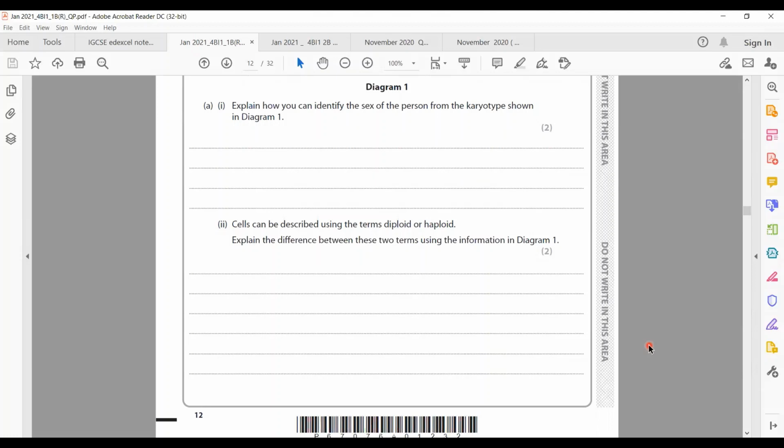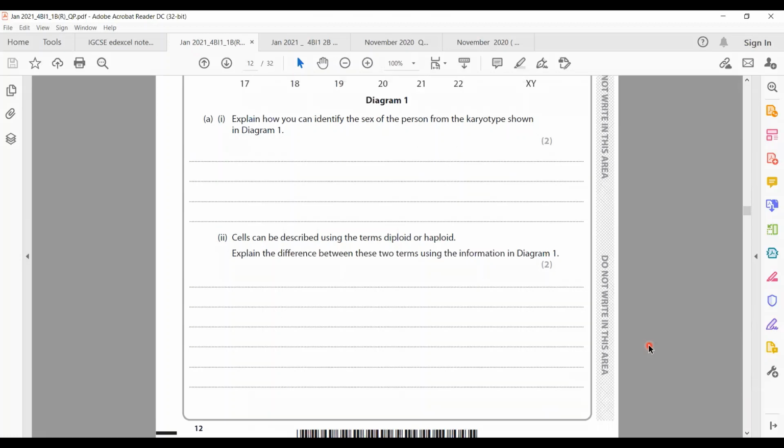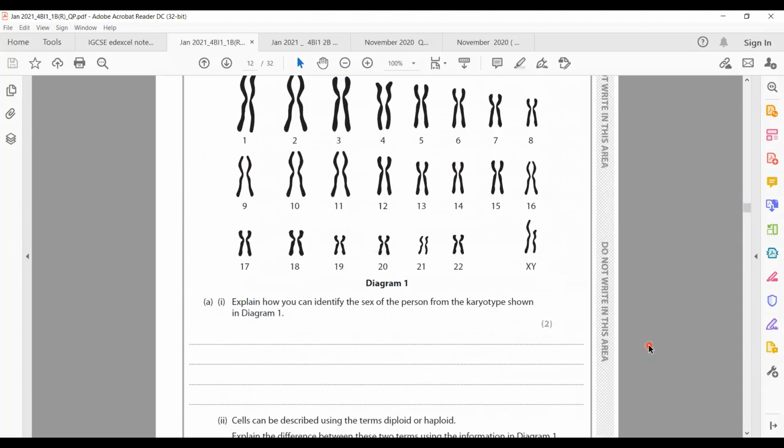Dimas, number 2. Cells can be described using the term diploid or haploid. Explain the difference between these two terms using the information in diagram 1. And this is diagram 1.